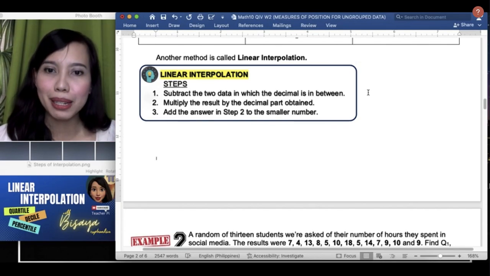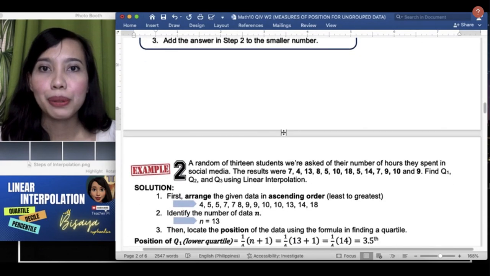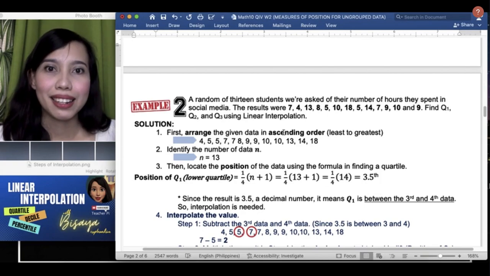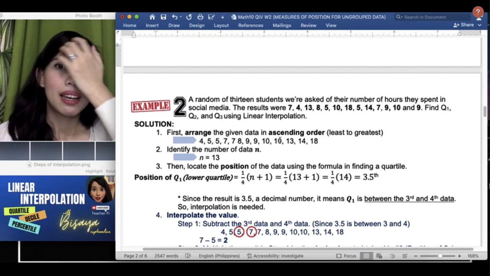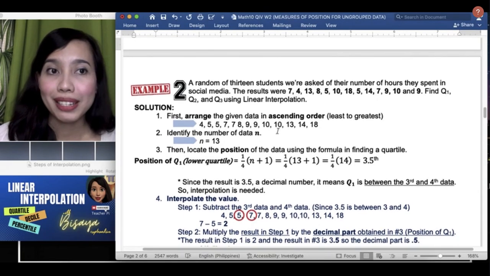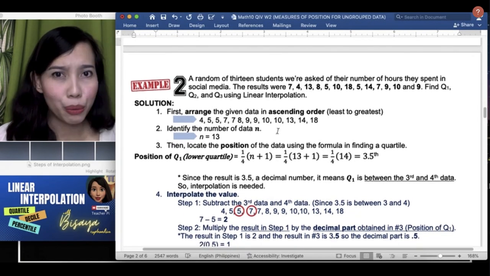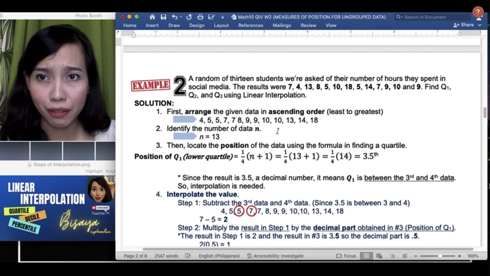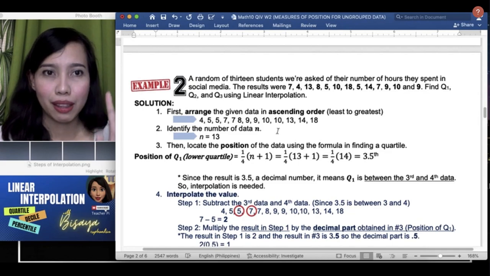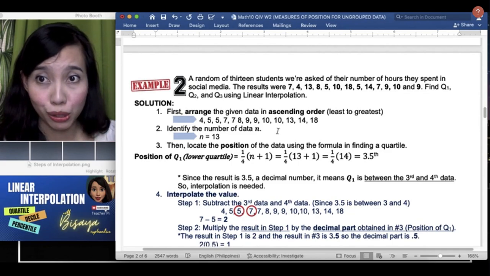To understand better, let's have example 2 of your module. I'm talking about the module of ICNHS Santa Fe grade 10. A random sample of 13 students were asked about the number of hours they spent in social media, although it does not specify if this is per day, week, or month, just the number of hours they spent in social media.